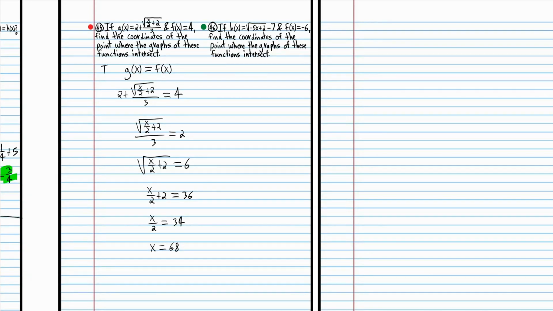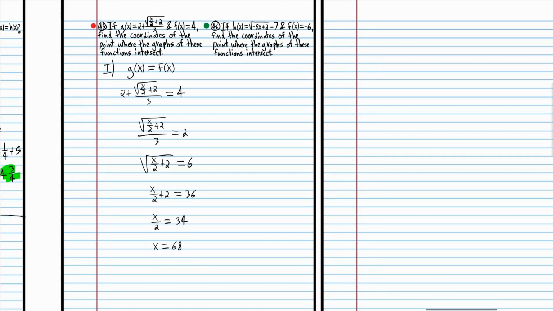That's step 1. Step 2 is to find the coordinates of the point. Now notice we only got one x value, so that means that there's only one point where these two functions intersect. So now we have to plug in 68 into one of these functions to figure out what the y value would be.